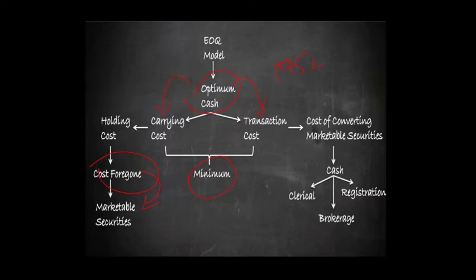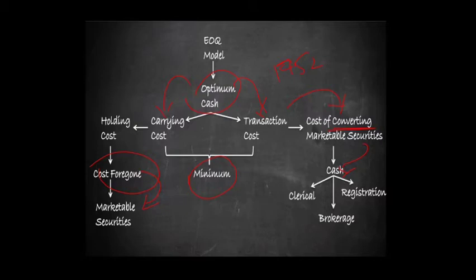And now what is the transaction cost? Transaction cost is simply the cost of converting marketable securities into cash. That means the cash is in the form of marketable securities, and for your cash requirement you are converting the marketable securities into cash.